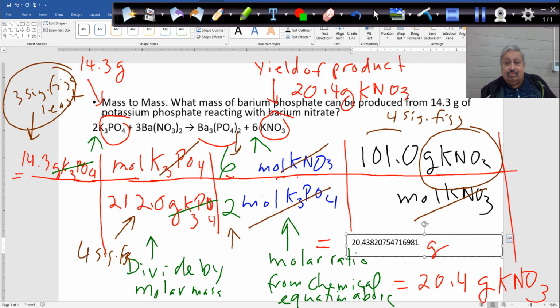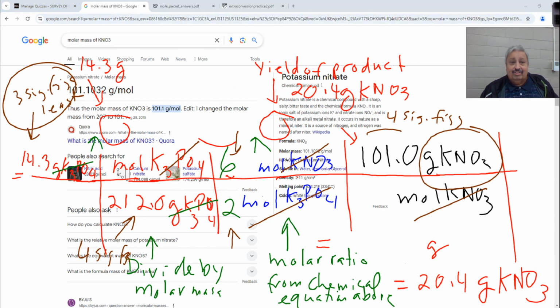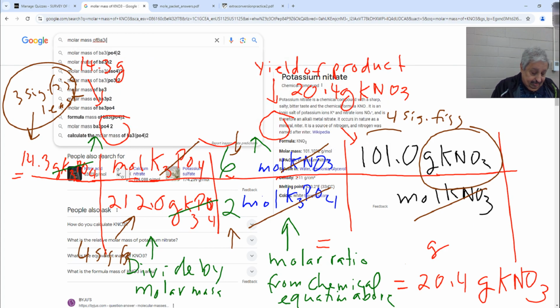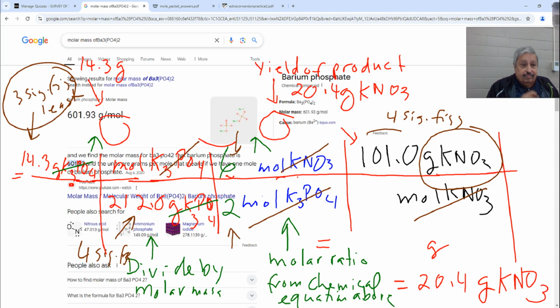We'll replace the molar mass of the potassium nitrate with the barium phosphate. Let's do that. And I will do it here. Just Google it, correct? Just a little bit lazy. Barium 3, and then PO4 2. How much is it?